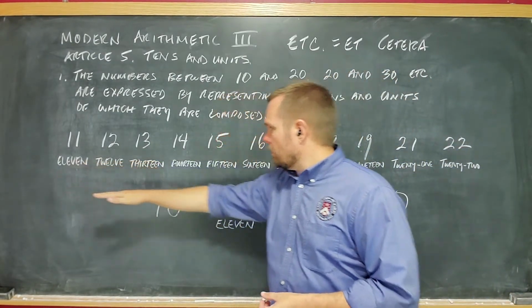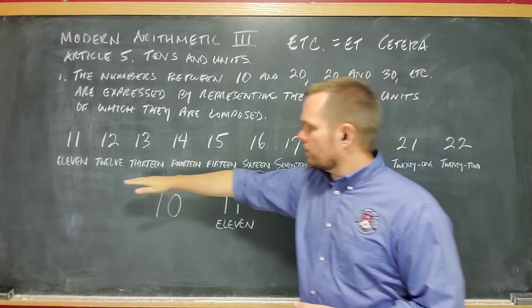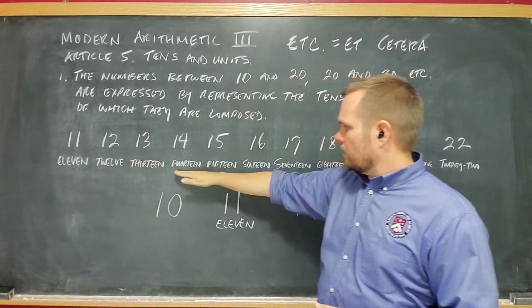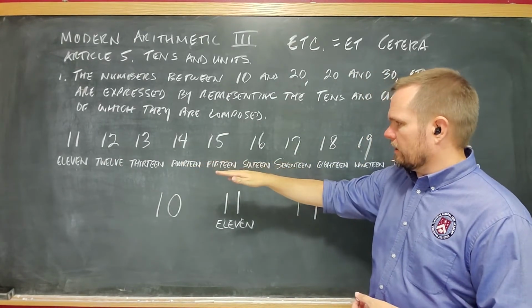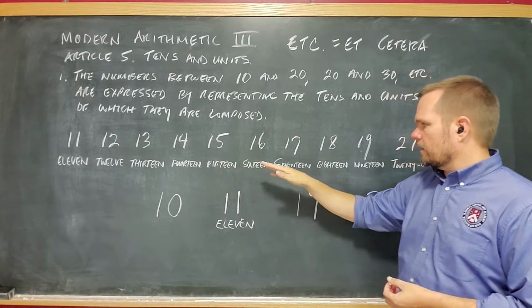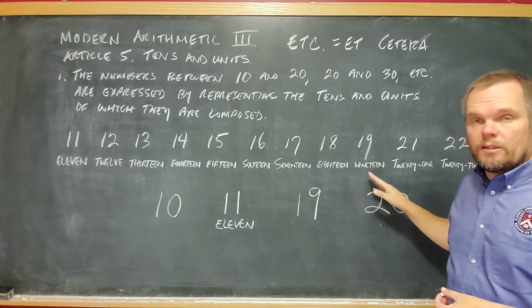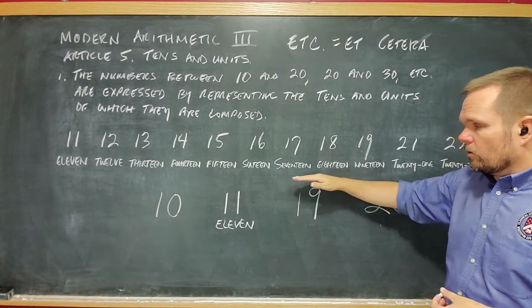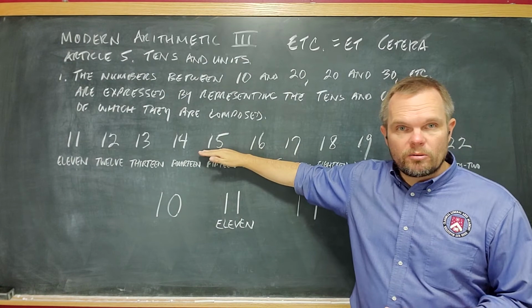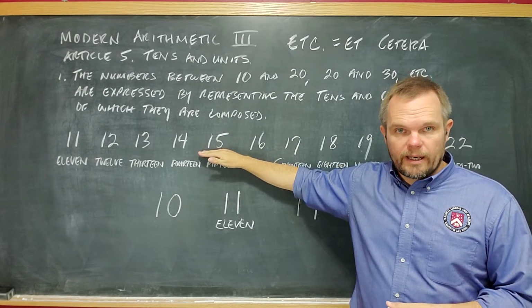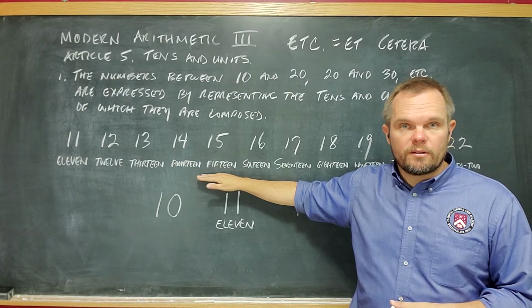for 11 through 19, we need to learn the names of these numbers. 11, 12, 13, 14, 15, 16, 17, 18, 19. And you should make sure that you can write every one of these numbers in Arabic notation with characters, but also with words in English.